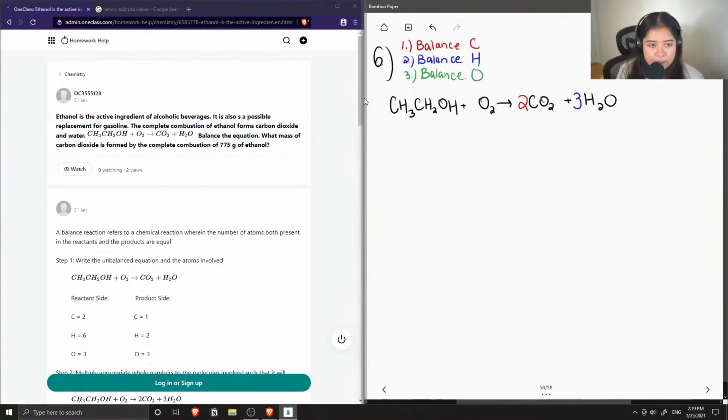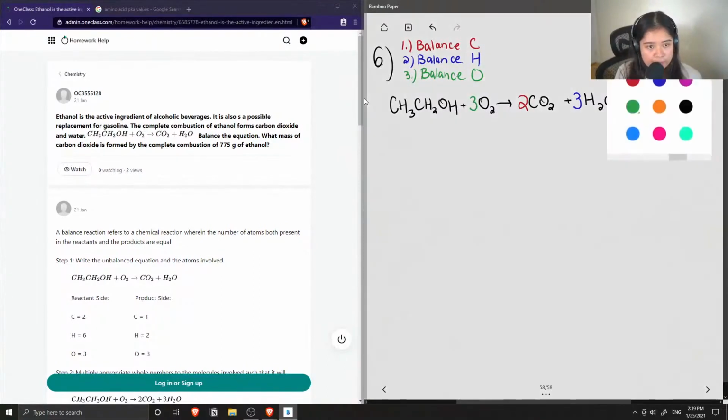On our product side, we have a total of 7 oxygens, and on our reactant side, we only have 3. So the easiest way to have 7 oxygens is to add a 3 in front of O2. Now we have our balanced equation.